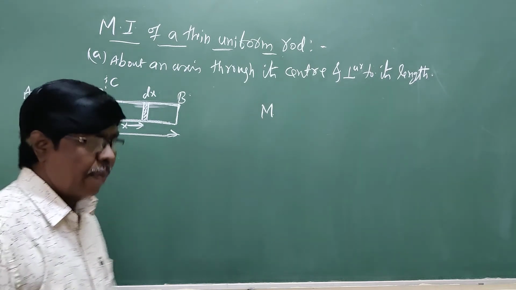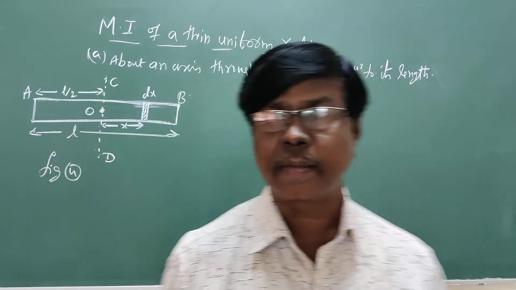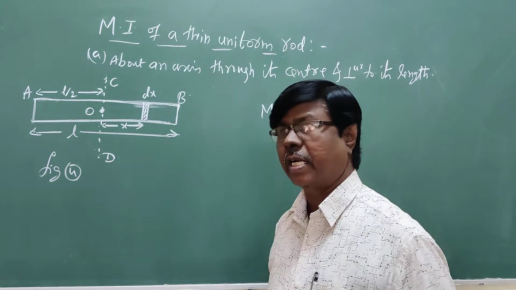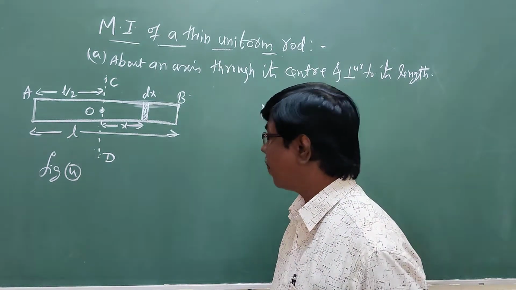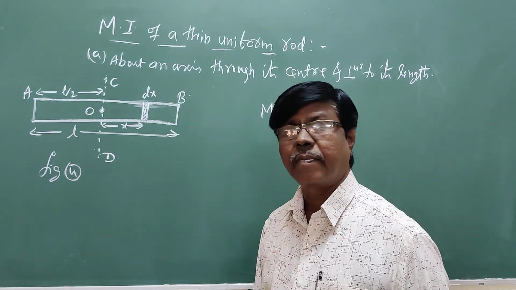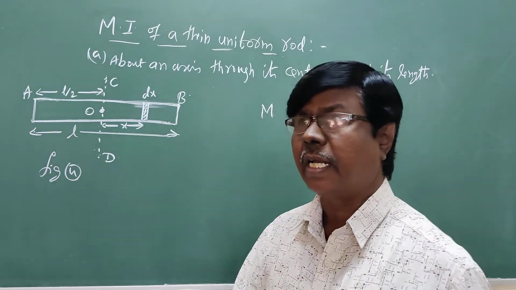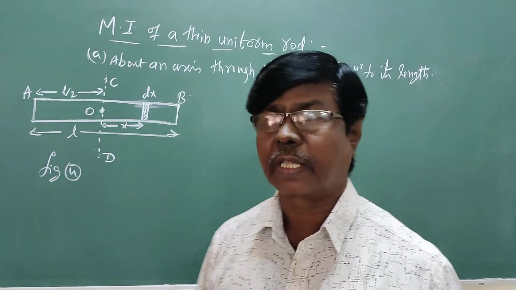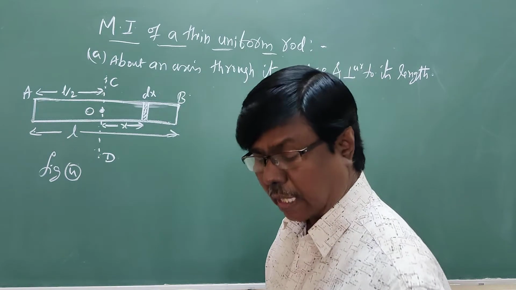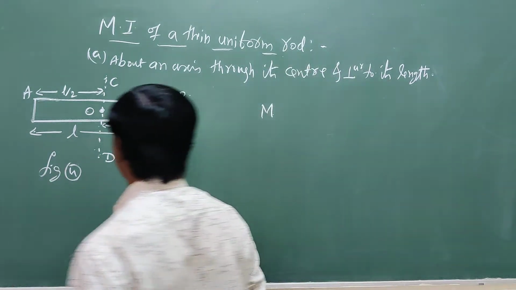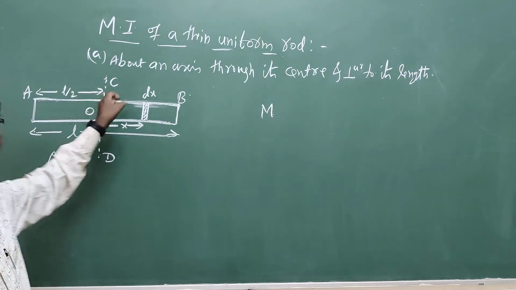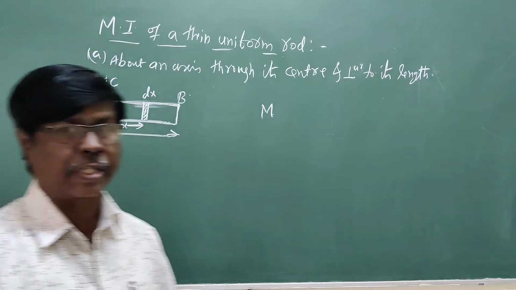To calculate the complete moment of inertia of the rod, first of all we have to calculate the moment of inertia of a small element in the rod. It means the rod consists of several small elements.